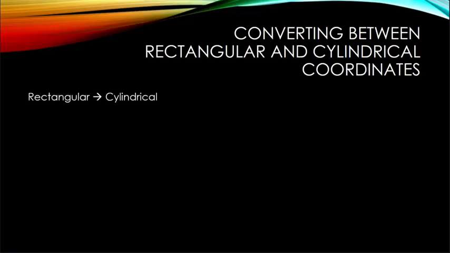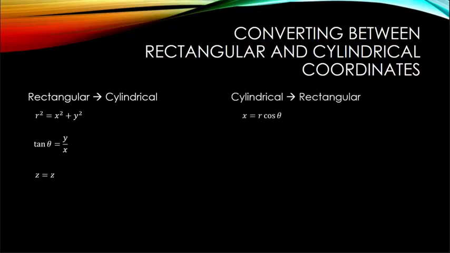From rectangular to cylindrical, I still have r squared is equal to x squared plus y squared. We still have tangent of theta is equal to y over x, but now we include z is equal to z. To go from cylindrical to rectangular, I still have x is equal to r cosine theta, y is equal to r sine theta, and z is equal to z.